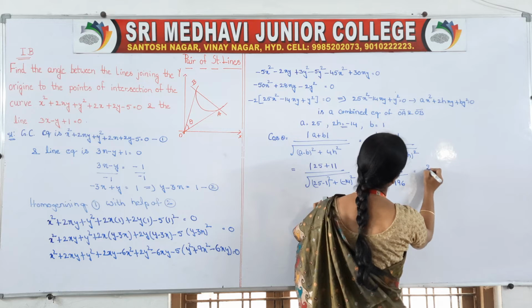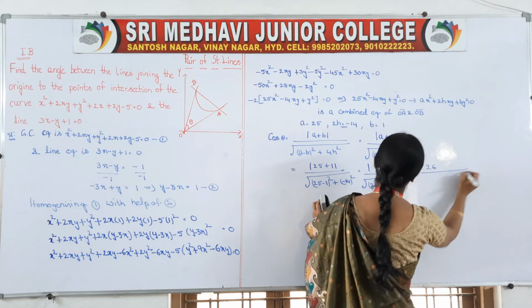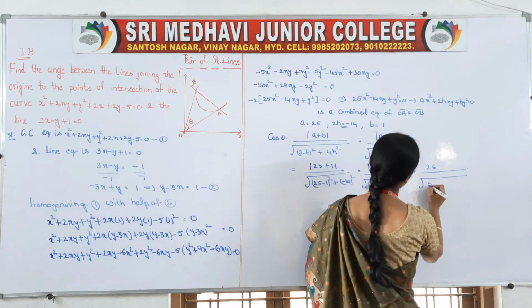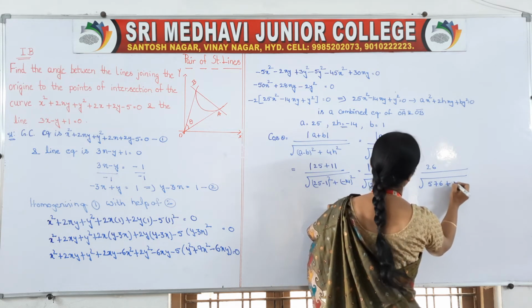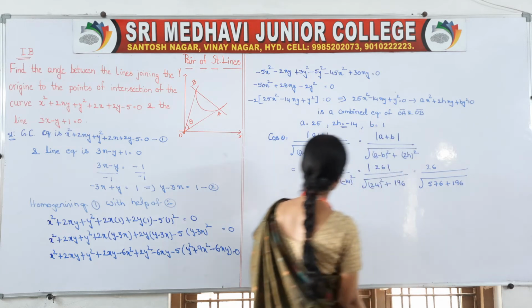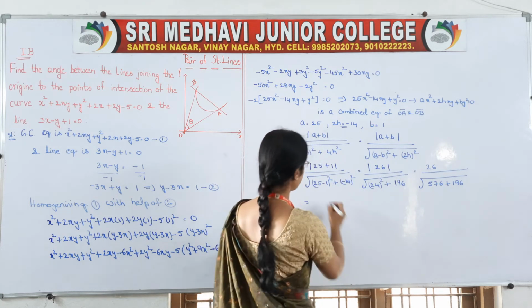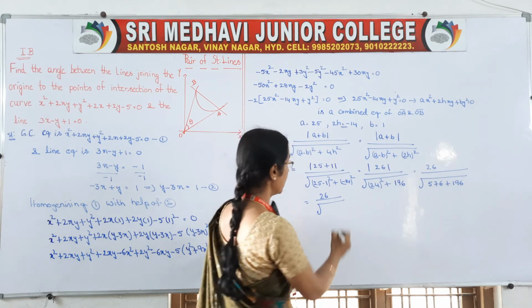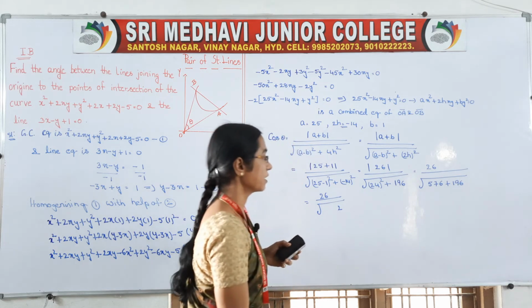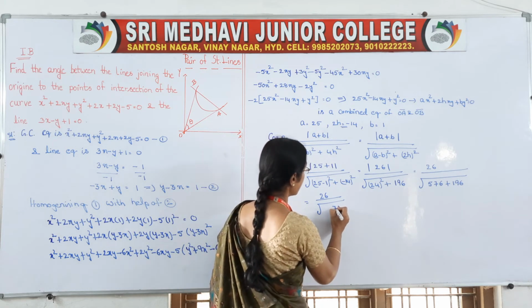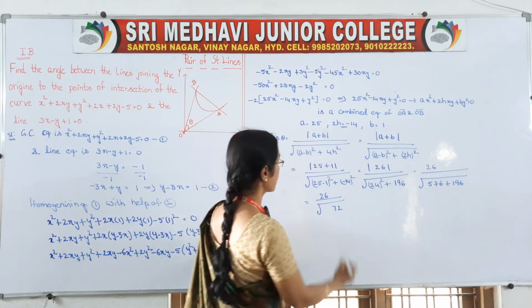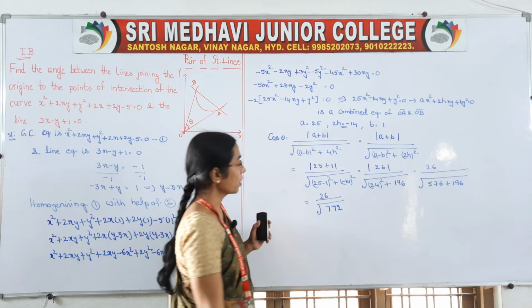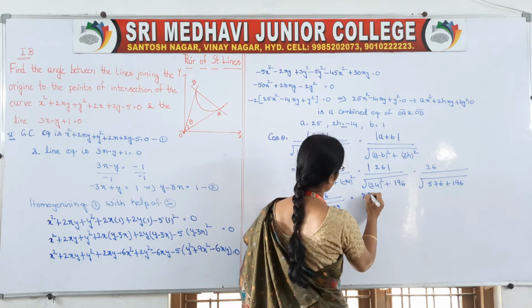So it is 26 by root of 24 whole square, 576, plus 196. Add these two values, 576 plus 196 is 772.